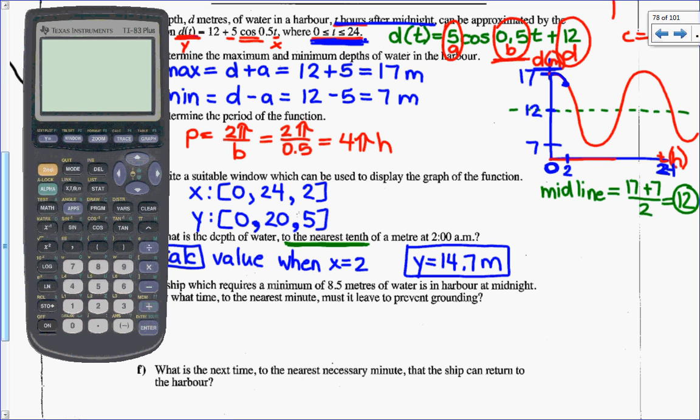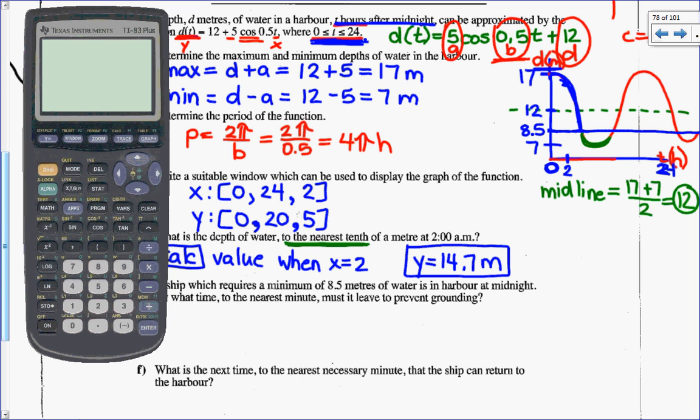So what's happening here is this ship is fine from midnight, where 0 is, to here while the water is above 8.5 meters. But once the water gets here at 8.5 meters deep, then that ship would run aground. So this point here would be a problem. It would be stuck. But at this point, where the water level is above 8, you're fine.